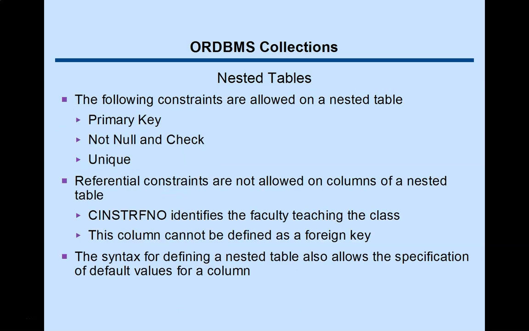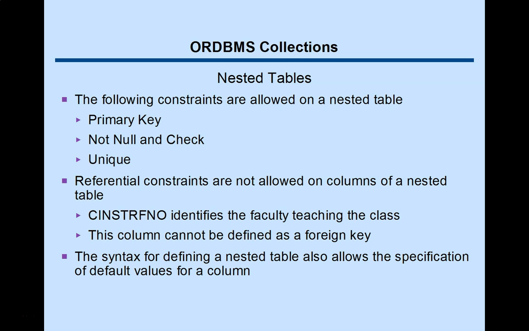Now, nested tables can have primary key constraints. They can have not null and other types of check constraints, and they can also have unique constraints. Referential constraints, however, are not permitted on columns of a nested table. The column called CIN-STR-FNO identifies the faculty member who teaches the class.